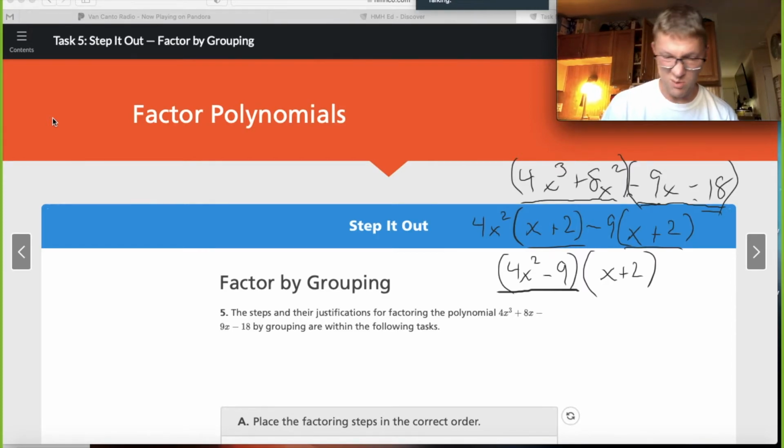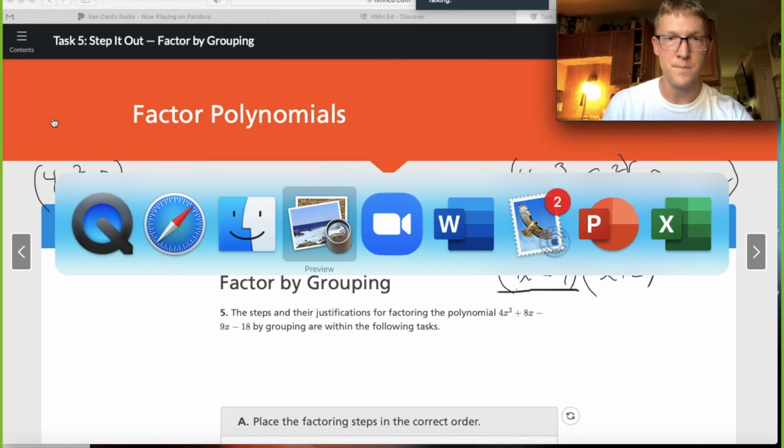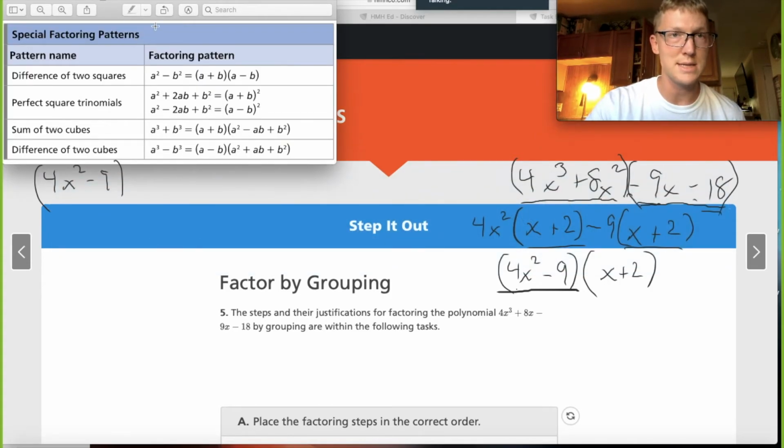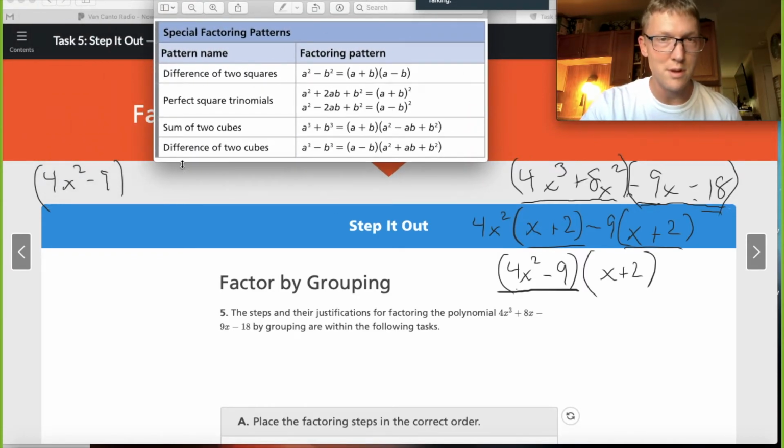So I'm going to bring that one up over here. 4x squared minus 9, just by itself, because this is the difference of two squares. If you remember, there is a pattern that goes along with it. I went ahead and screenshotted that table that they gave us because I get all of these patterns confused. That's why I mentioned it's probably very important for you to be able to recognize these sides of the equations, and then you can always just pull that up.